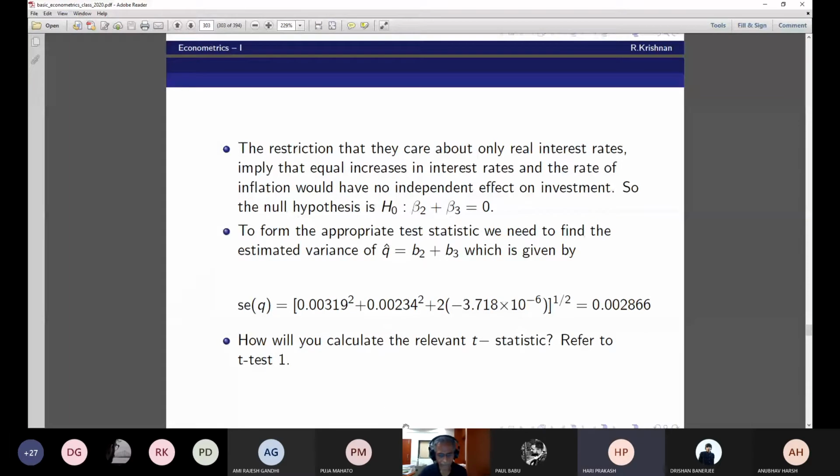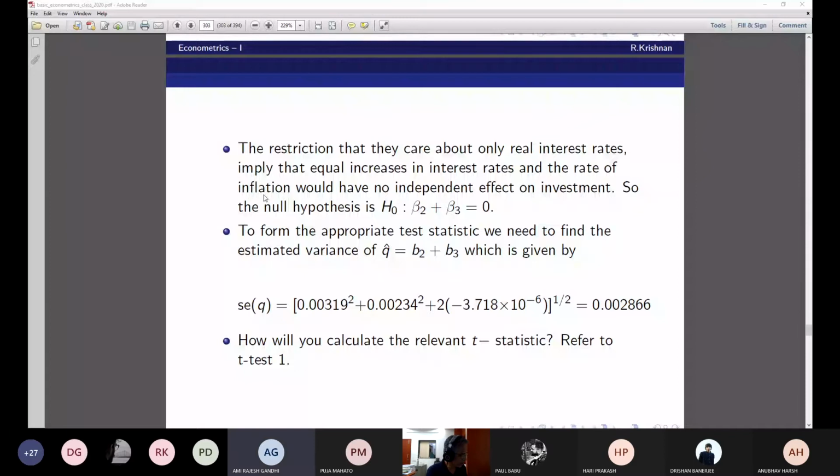Okay. Let me ask somebody else. Gandhi, can you do that? How did we get the t-stat? So we'll just add the B2 plus B3, then Q is 0, so minus 0 by standard error of Q hat, which we have calculated. What is 0 here?